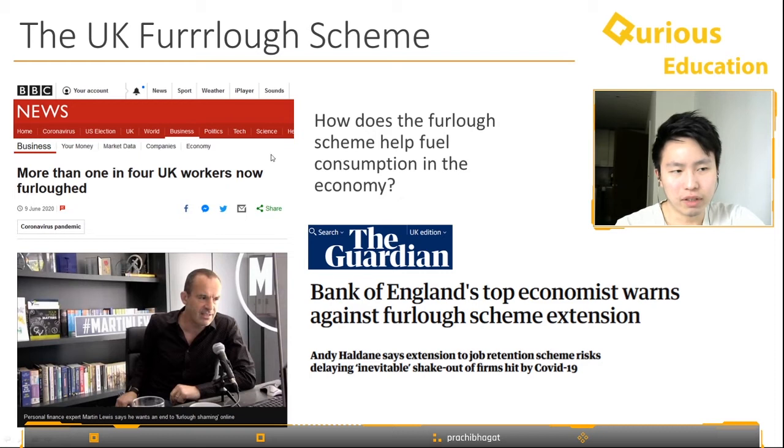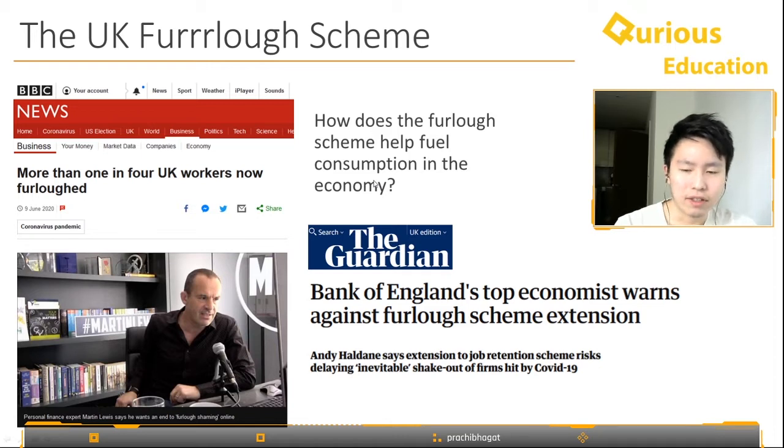So one of the things that we want to consider, since we're talking about fiscal policy, is how the furlough scheme actually fuels consumption in the economy. So in general, if the government is still helping these businesses pay their workers' wages, then as a result, the workers would have higher incomes.